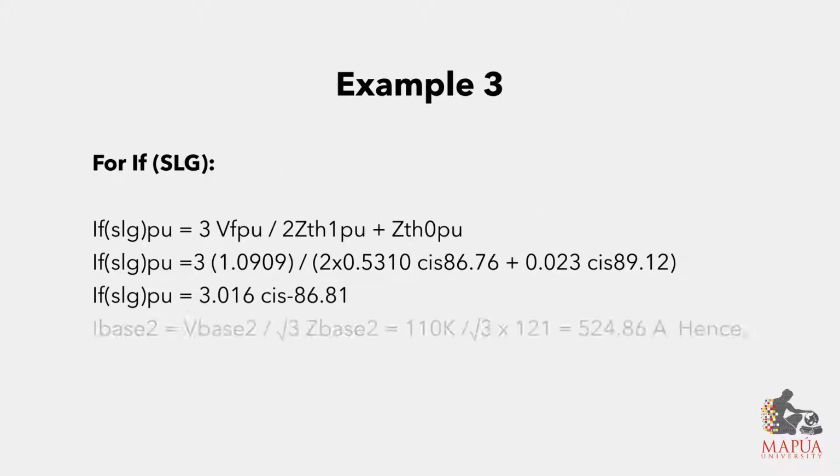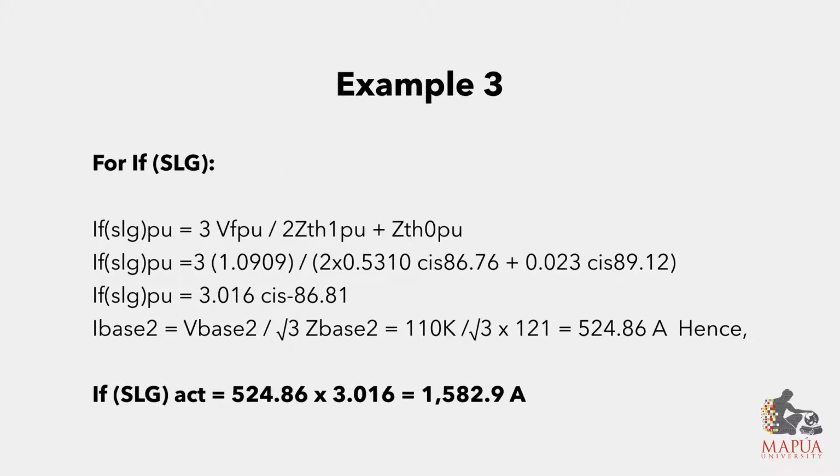Thus, the fault current for the single line to ground fault in per unit will be equal to 3 times the voltage at the fault point in per unit divided by the quantity twice the Thevenin equivalent impedance of the positive sequence network plus the Thevenin impedance of the zero sequence network.